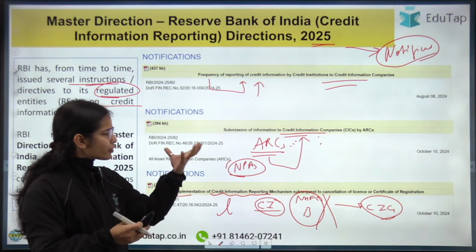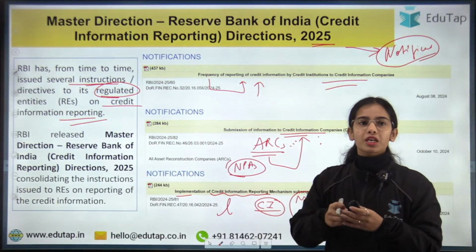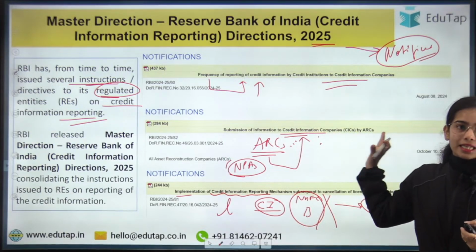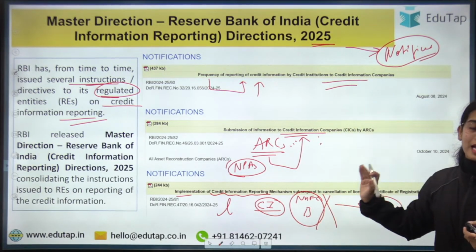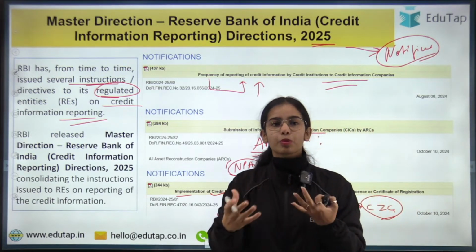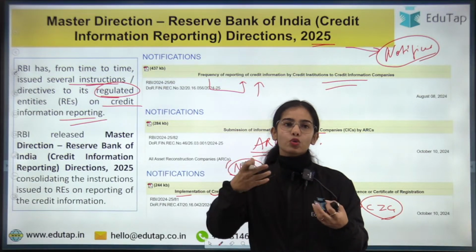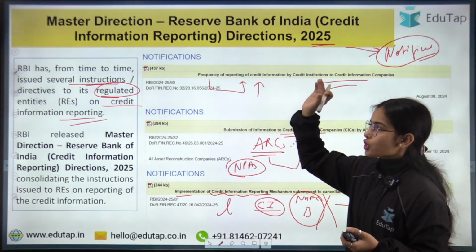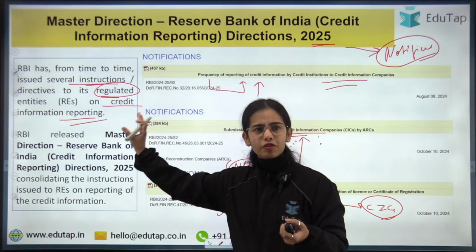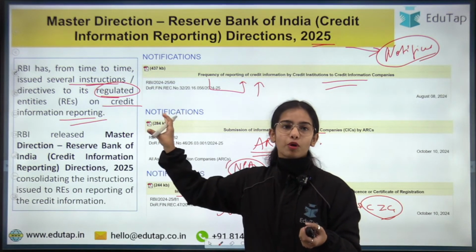So there were different guidelines that the RBI was releasing for the credit information companies, and at different times the RBI has released the details regarding the credit information companies and the procedure. So RBI thought, why not bring them together, and so RBI released the master direction. From time to time, RBI was releasing several instructions and guidelines for credit information reporting and the credit information companies.